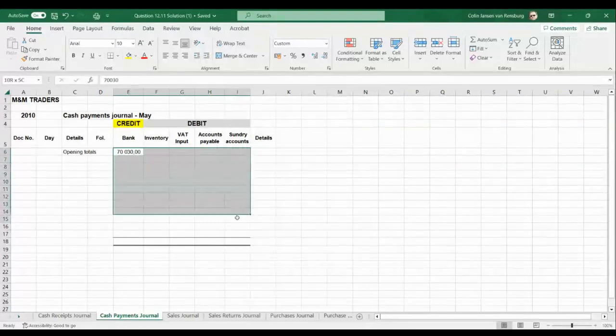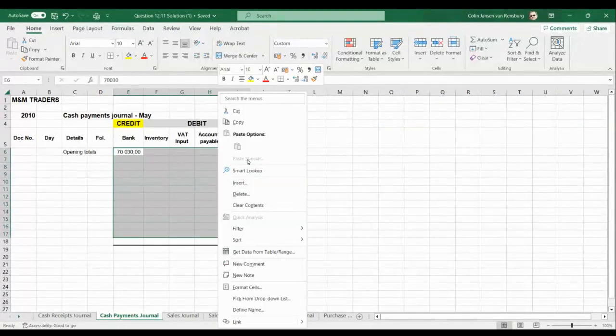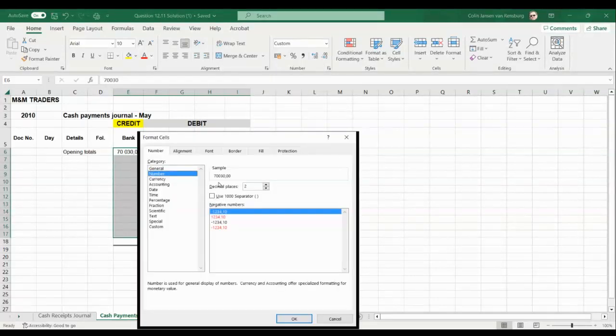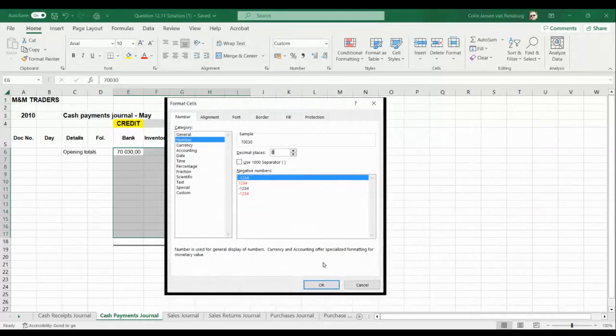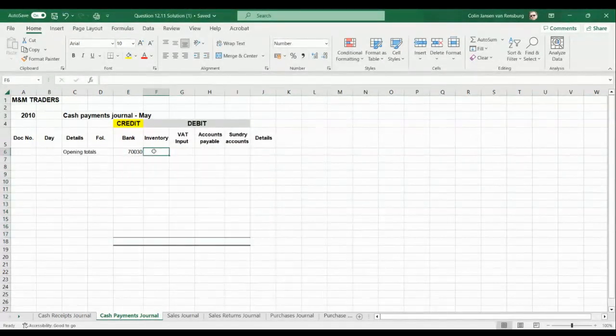Now we must format that again. Right, then we have our opening total for inventory. Let's have a look. Well, in this case, we're using the periodic inventory system, so I should actually change that. 28200.